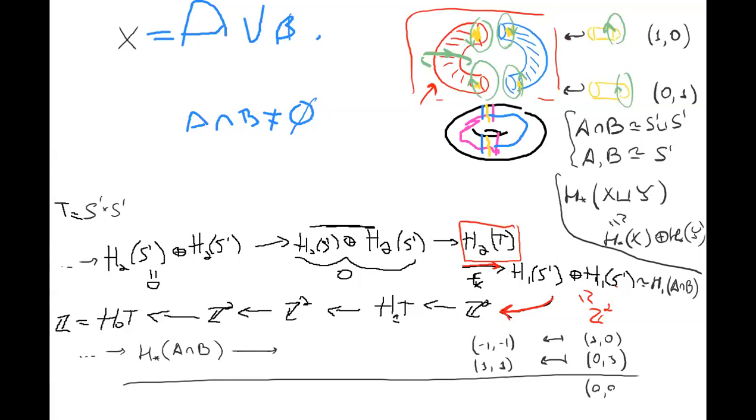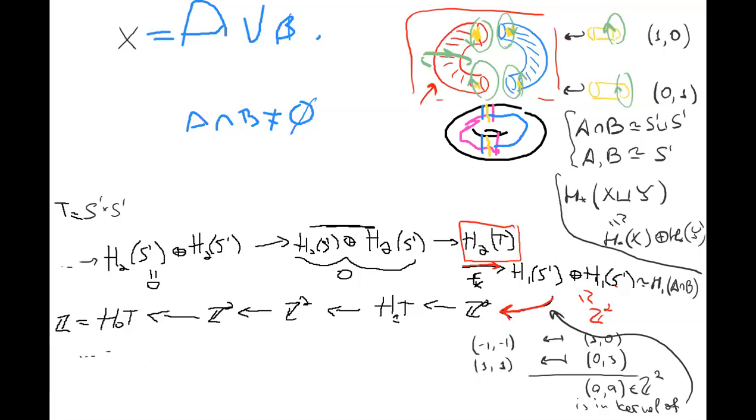Yes. So all elements of the form AA in Z squared are in the kernel of this arrow. So therefore, we have H2 of T is Z. Okay.